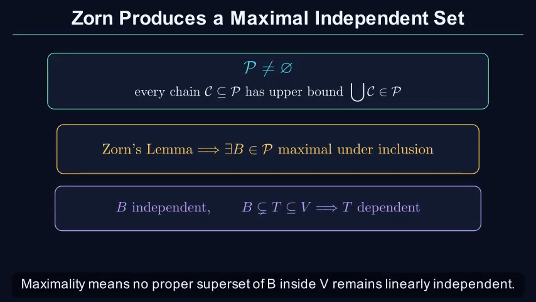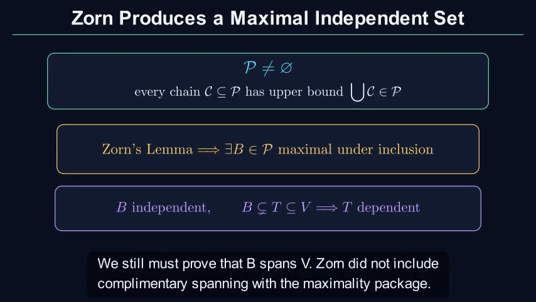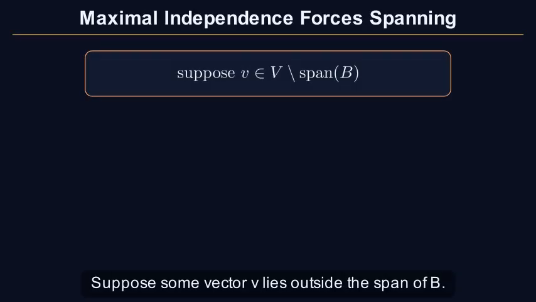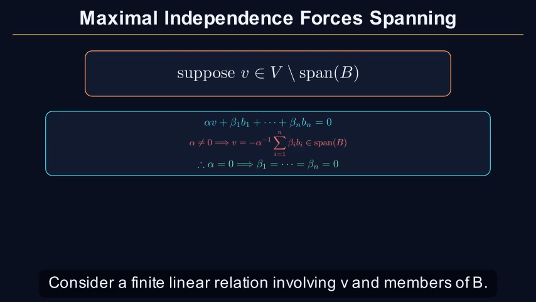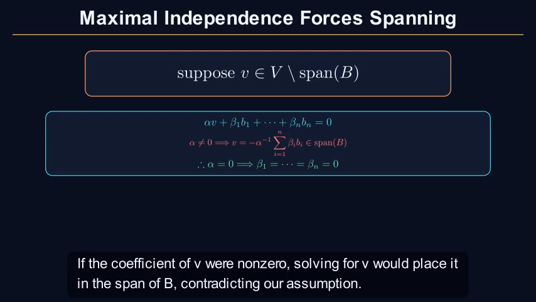Maximality means no proper superset of B inside V remains linearly independent. We still must prove that B spans V. Zorn did not include complementary spanning with the maximality package. Suppose some vector v lies outside the span of B. Consider a finite linear relation involving v and members of B. If the coefficient of v were non-zero, solving for v would place it in the span of B, contradicting our assumption.